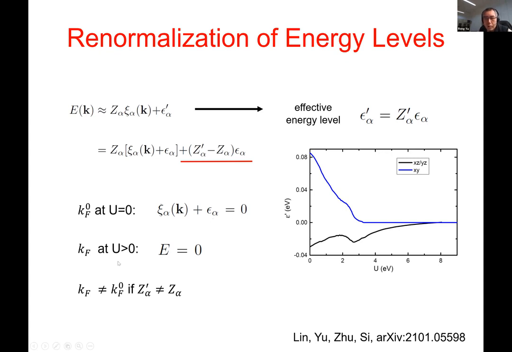And in the presence of electron correlation with finite U, the Kf is actually determined by requiring the dispersion E of K equal to 0. So that means that the entire thing becomes 0. And we see that if there is a strong orbital selectivity, then Z prime is not equal to Z, and this will lead to the Kf not equal to the Kf 0. So this will immediately give us the reconstruction of the Fermi surface.